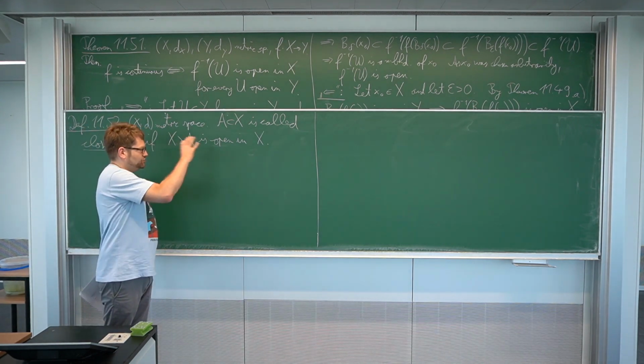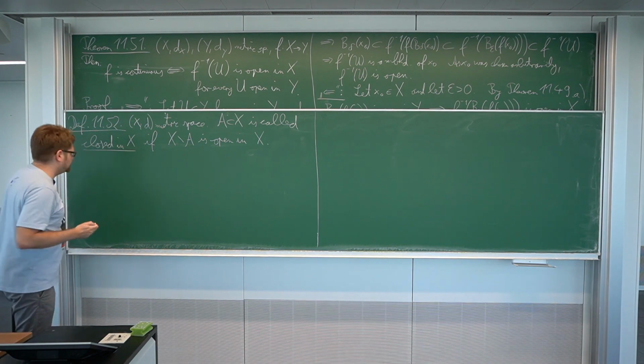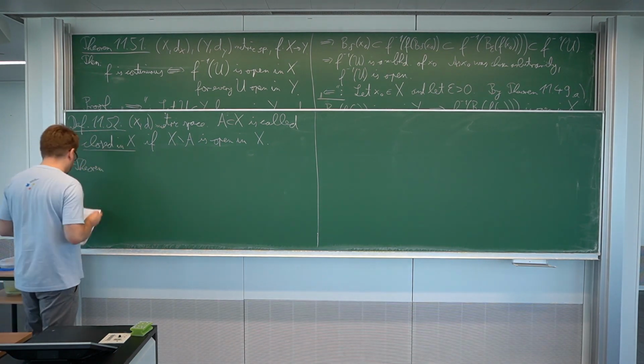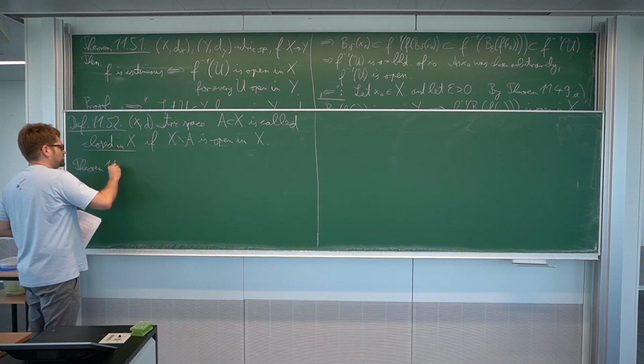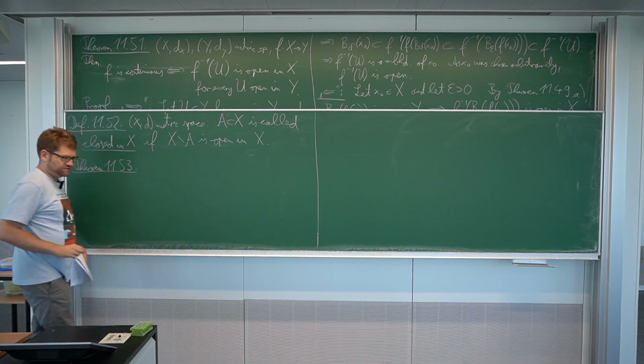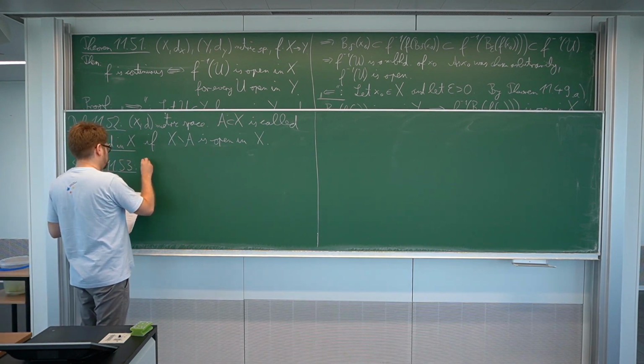This is usually the definition that is used, but you can characterize closed sets in a more straightforward way. We have seen closed intervals, so what are crucial properties of closed intervals that open intervals don't have?